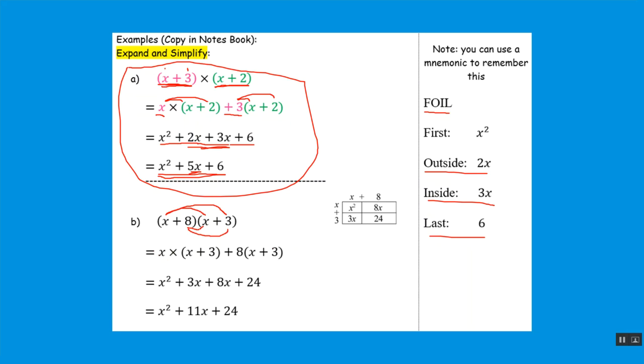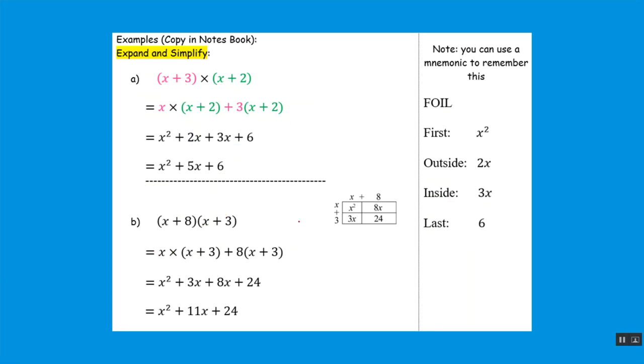Otherwise you can multiply the x plus 3 by x and by 8, like I have in this working. So x plus 3 gets multiplied by x and by 8. We simplify this part to give 11x.